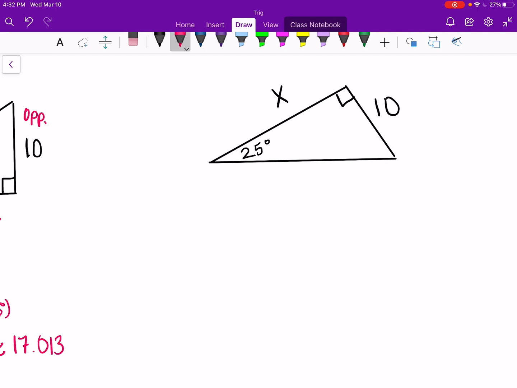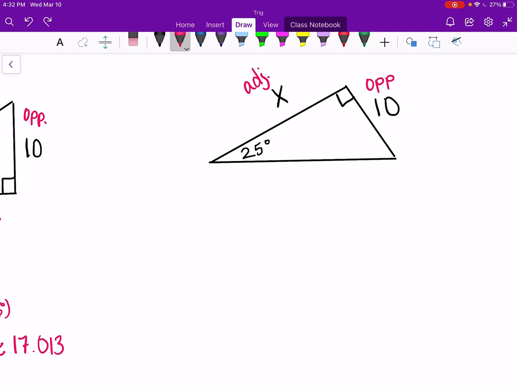We have the side with the 10, which is opposite of our given angle. And the x is adjacent to the given angle. It is the leg that's next to it, and it's not the hypotenuse. Our hypotenuse would be over here, across from our right angle. We don't need that.